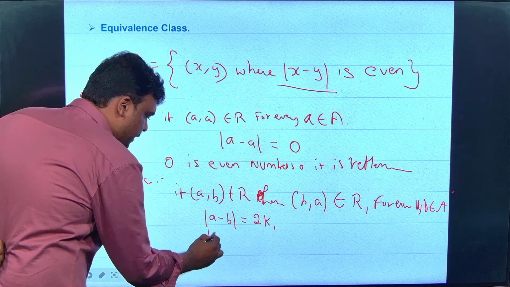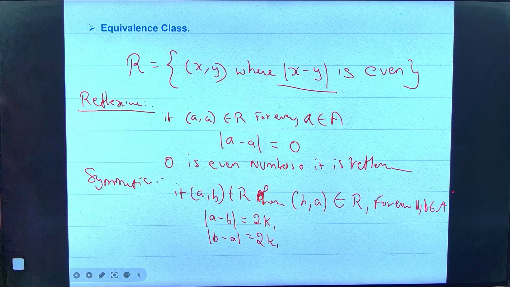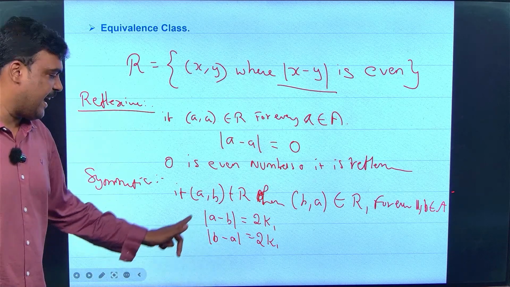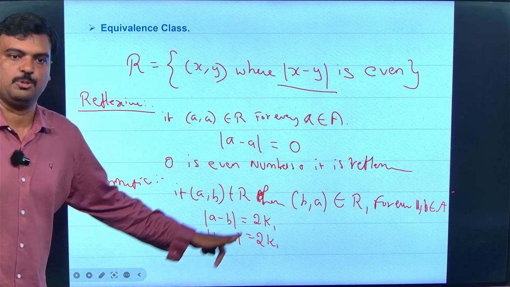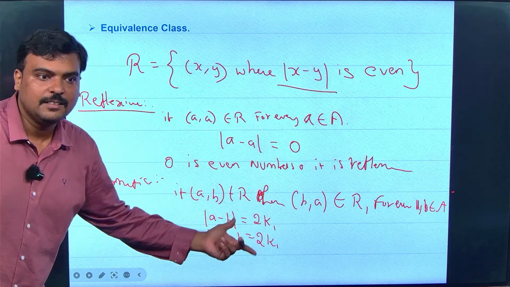So what happens to B minus A? That also remains 2K1. Since it has modulus, even the subtraction sign will not come. So since A comma B and B comma A belong to the relation, we can conclude this as symmetric.